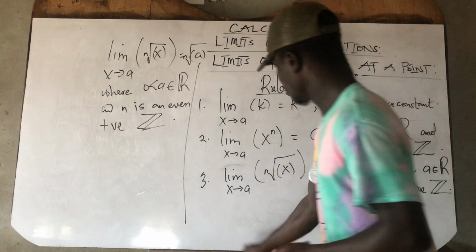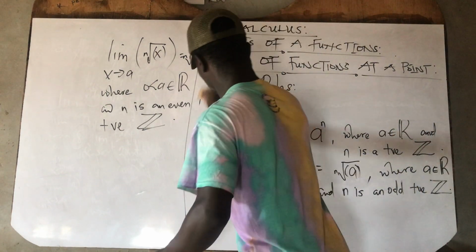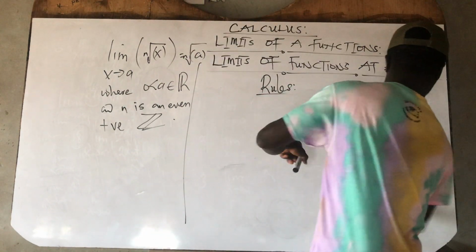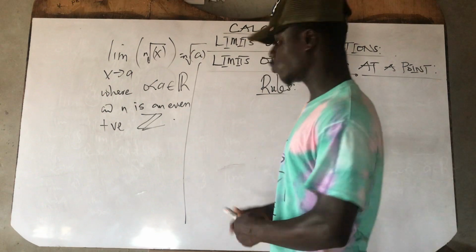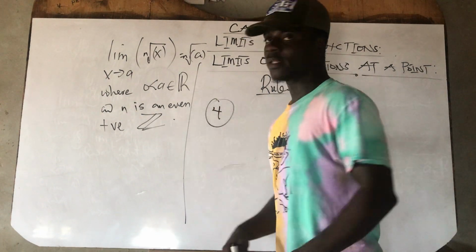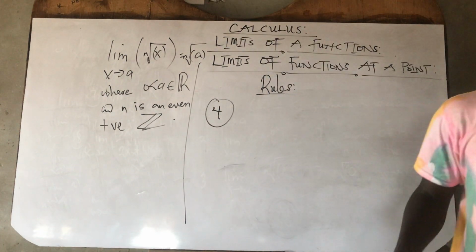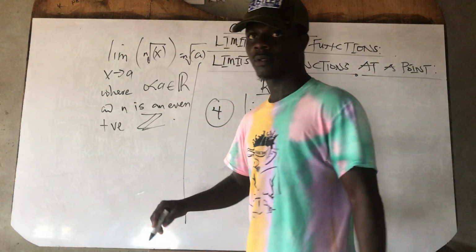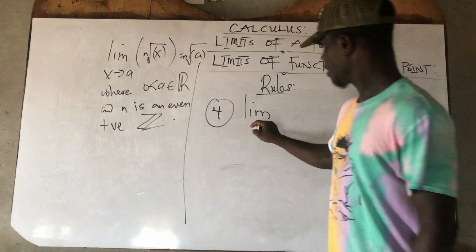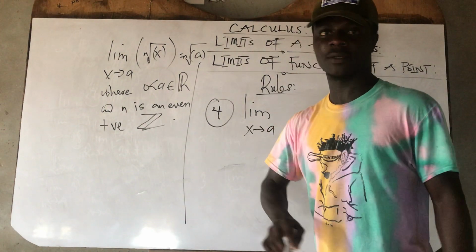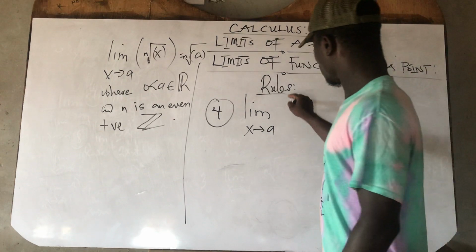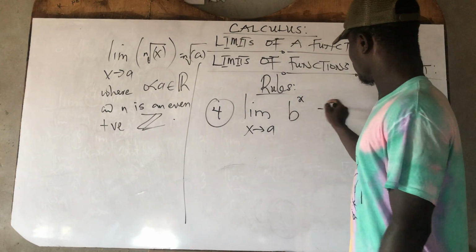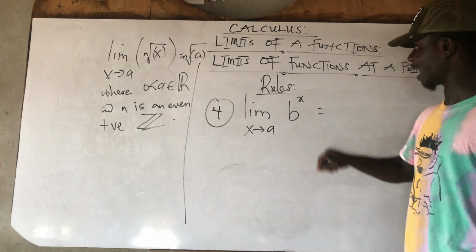Let's go to the fourth rule. The limit as x approaches a of b to the power x equals, so wherever I see x, I place in a.